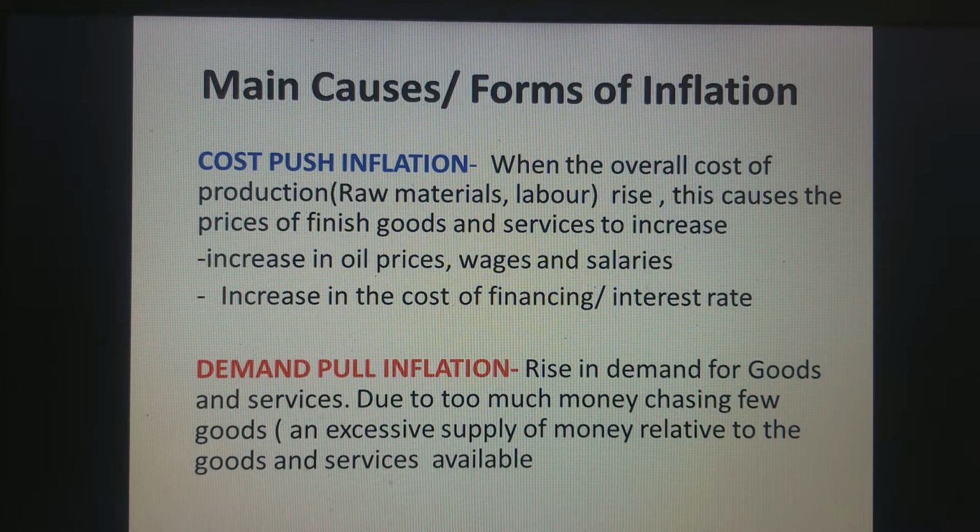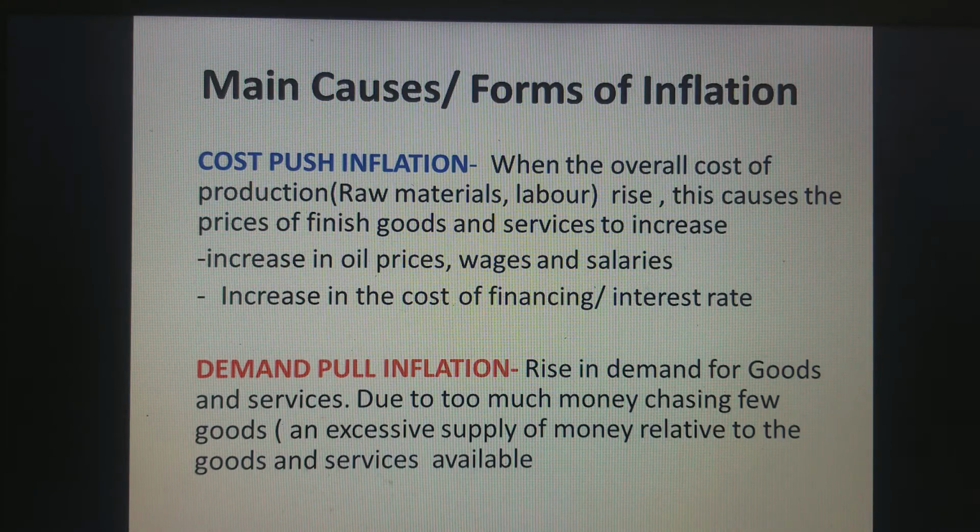Cost push inflation is when the overall cost of production, here we're talking about raw materials and labor, for example, rises. This causes the price of finished goods and services to increase. So for example, if we have an increase in oil prices or an increase in wages and salaries, it's going to raise the cost of producing the goods and services.